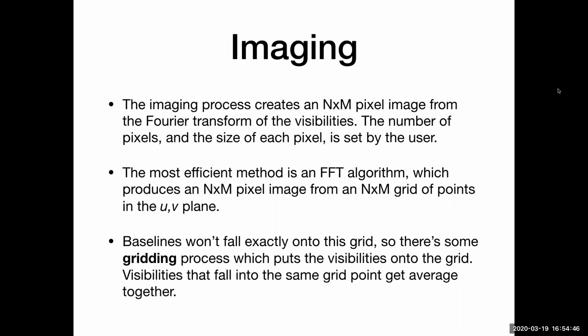I'm not going to get into detail aspects of FFTs, but there's these kinds of rules. And so baselines aren't going to fall onto this grid. So there is some gridding process that basically takes the visibilities as continuous quantities wherever they're located and maps them onto this strict pixel grid in the UV plane in order to do the FFT.